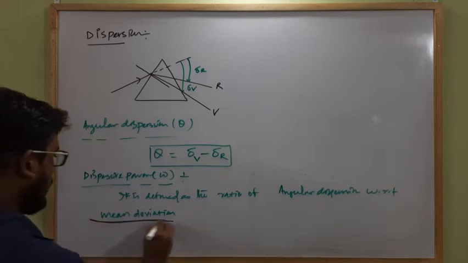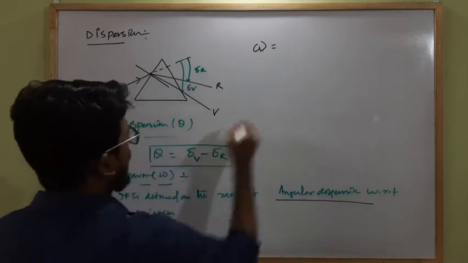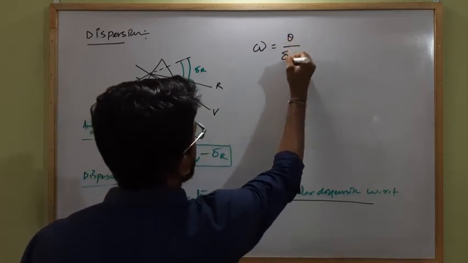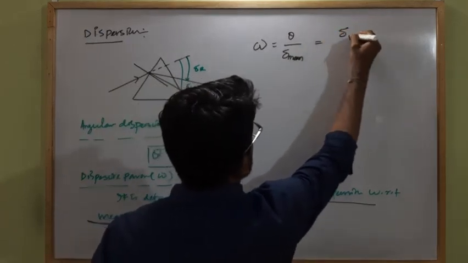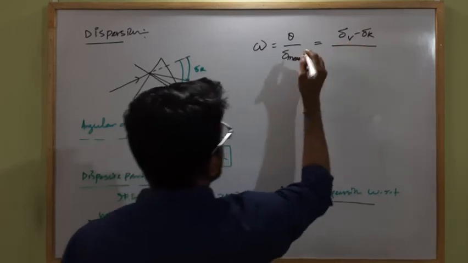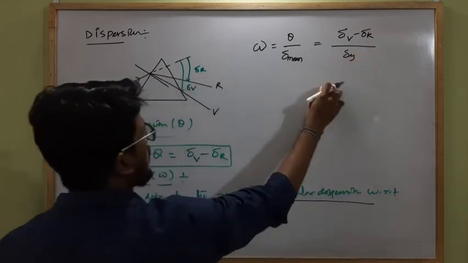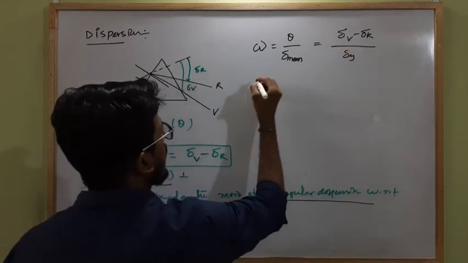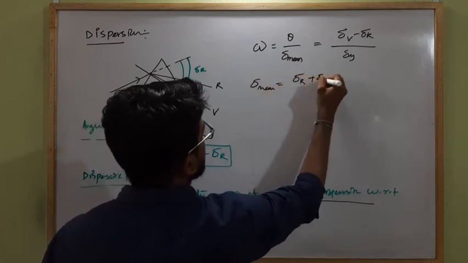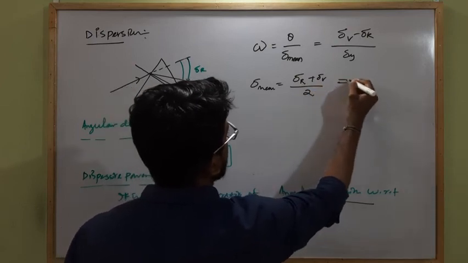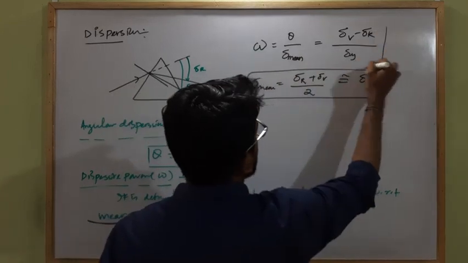This is not minimum deviation, it is mean deviation. So we can write the dispersive power omega equal to angular dispersion theta divided by delta mean, that is, omega equals delta V minus delta R divided by delta mean. Generally the mean deviation is for the yellow light, or if it's not mentioned you can take it for the yellow light. Otherwise delta mean will be the average of delta red plus delta violet, or this can be nearly equal to the deviation for yellow light. Clear? You have to remember this.